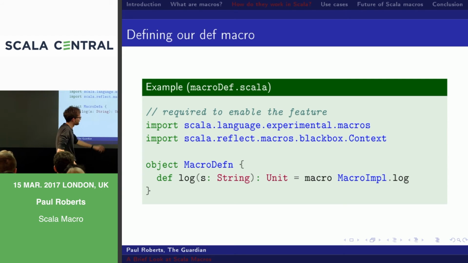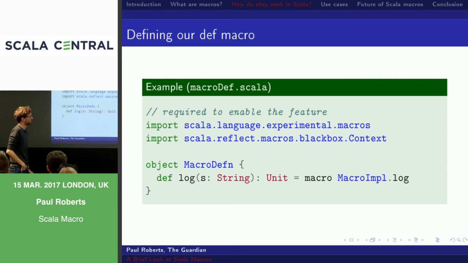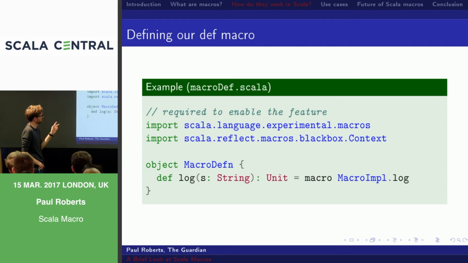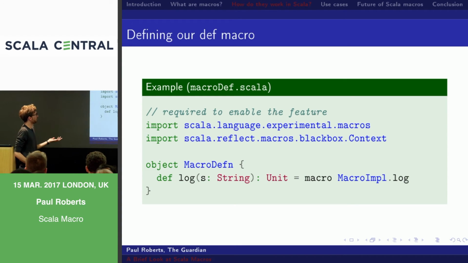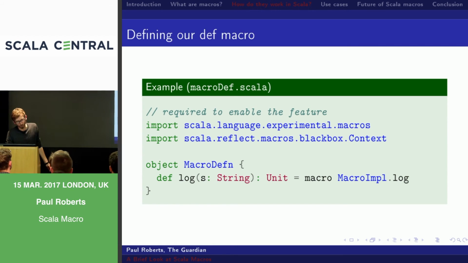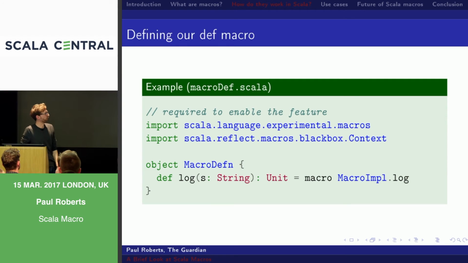But instead of having a function body, it just has a reference to a macro implementation that we'll define later on. We'll see that on the next slide. What we're trying to do here is a canonical logging example where we're only going to print this string out if logging is enabled, but that decision will be made at compile time, so it won't have any performance cost on the actual runtime code.